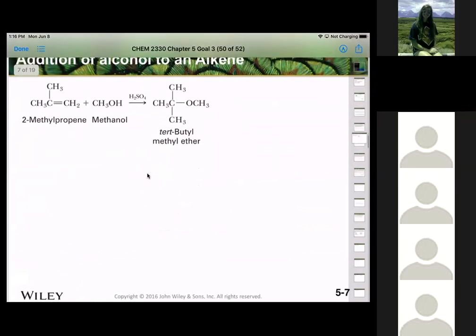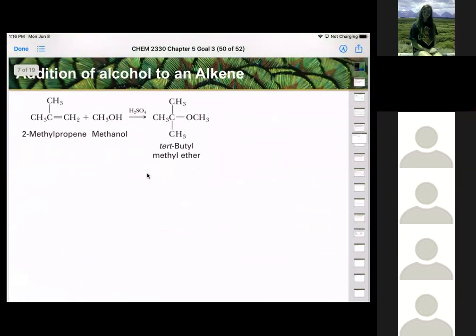So I want to take a moment here and look at this. This is the addition of an alcohol to an alkene. It follows the same mechanism as the addition of water, but I want to go stepwise, because what we want to see is that this alcohol here is basically analogous to water, because in the case of water, we have this structure here, and the only thing we've done is take one of these hydrogens away and turn it into a carbon.